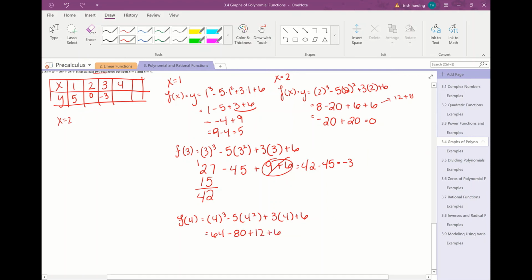So that becomes 64 plus 12 plus 6 is 82 minus 80 is 2. So according to the intermediate value theorem, since these two are opposite signs, I know that I'll have something cross.